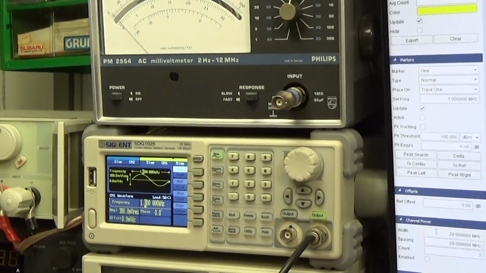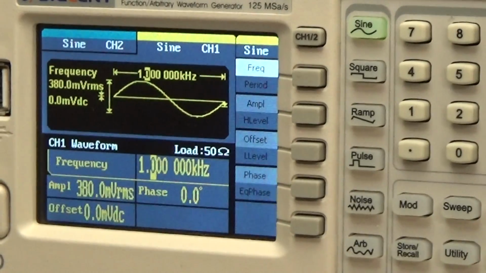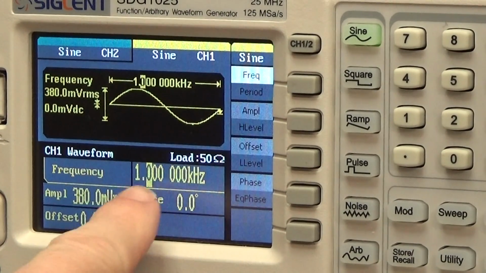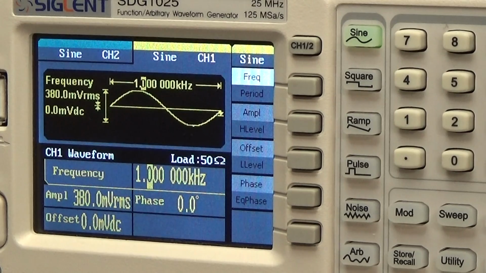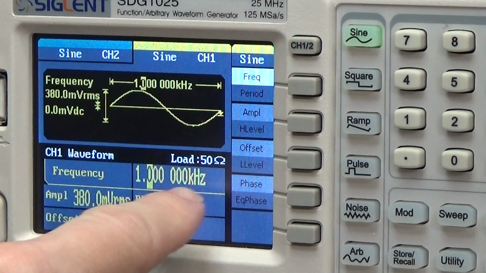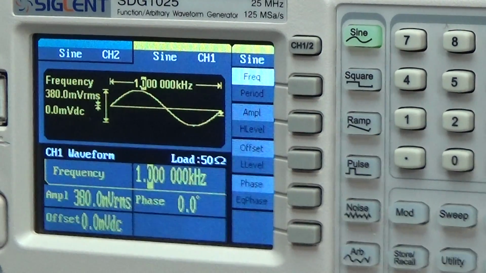Okay, hopefully you can see it, so let me go a little closer so that you can see it. So we are using here our 1 kilohertz, so that is what we have used the whole time. And now what will happen if I change my audio frequency?